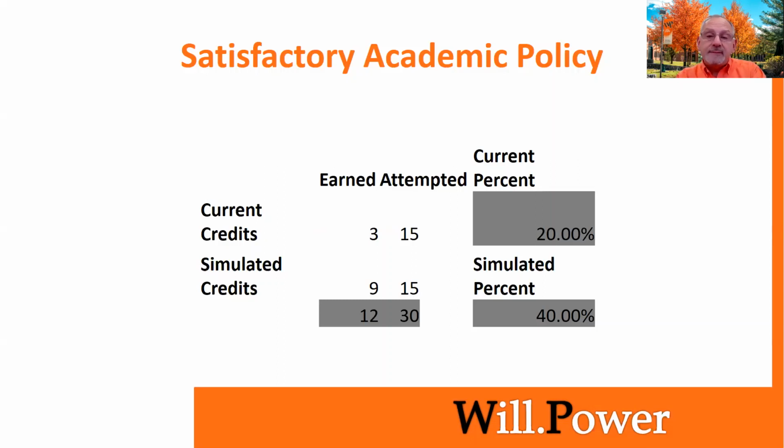So that student would not be making satisfactory academic progress, and they would have to file an appeal. Once you start off at 20%, it's very difficult to reach the 60% or 67% completion rate.